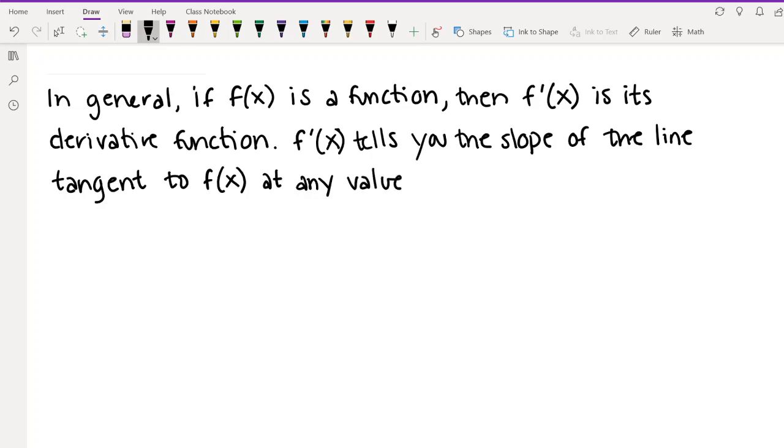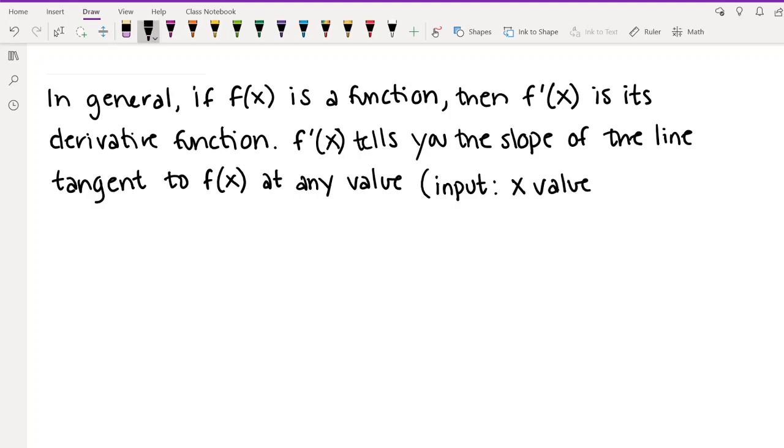When I say it tells you the slope, what I mean is that, just like any function, the derivative function has an input and an output. The input for the derivative function is an x value.